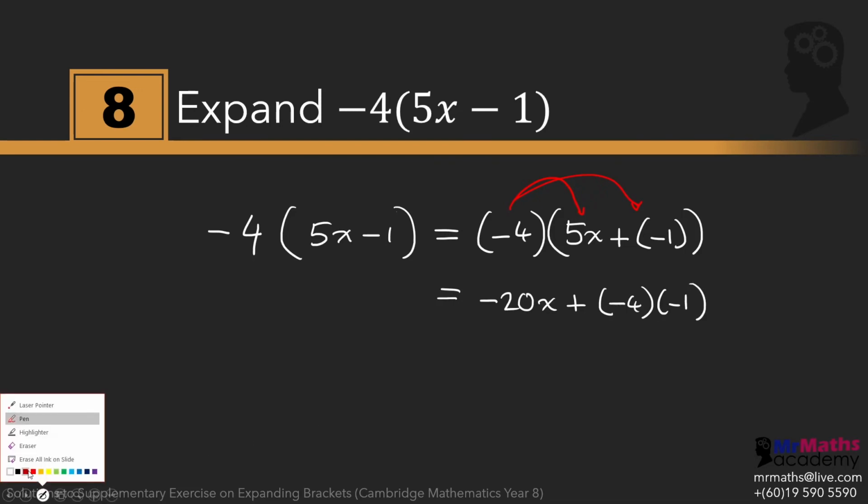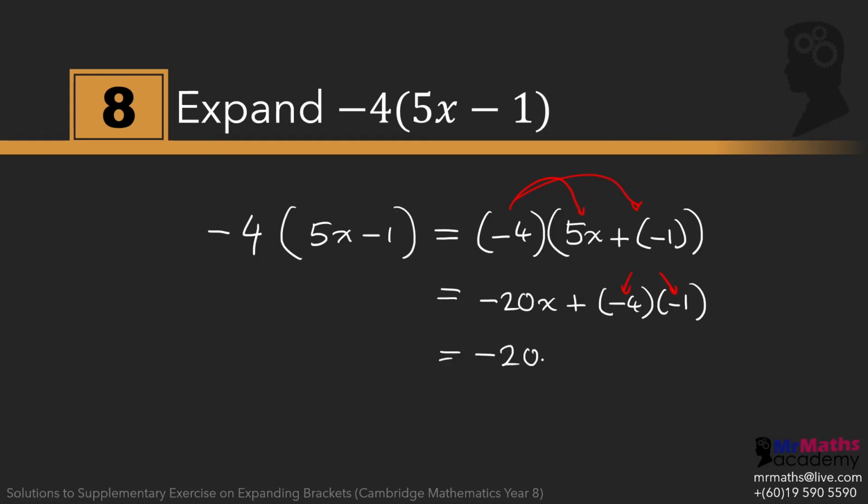This time we have two minuses meeting together, and when we have two signs of the same sign multiplied together, the result is going to be a positive number. So this is minus 20x plus 4 times 1 is 4. Okay, it's going to have a plus here, plus 4 instead of a minus number. So this is the final answer.